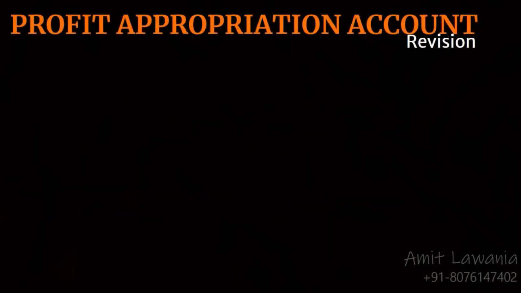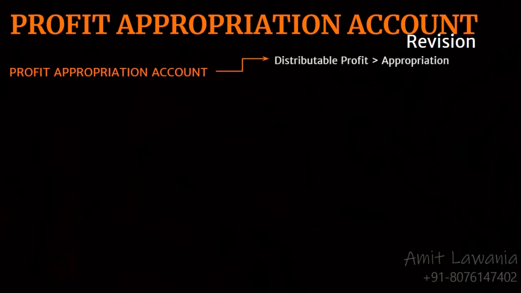You are now equipped to make a profit appropriation account. If you follow my 4-box approach, you will be able to make a profit appropriation account for any given problem. We have studied 3 situations for it. We got situation 1 where profit available for appropriations, that is output from box 1, was more than appropriations, that is output from box 2.